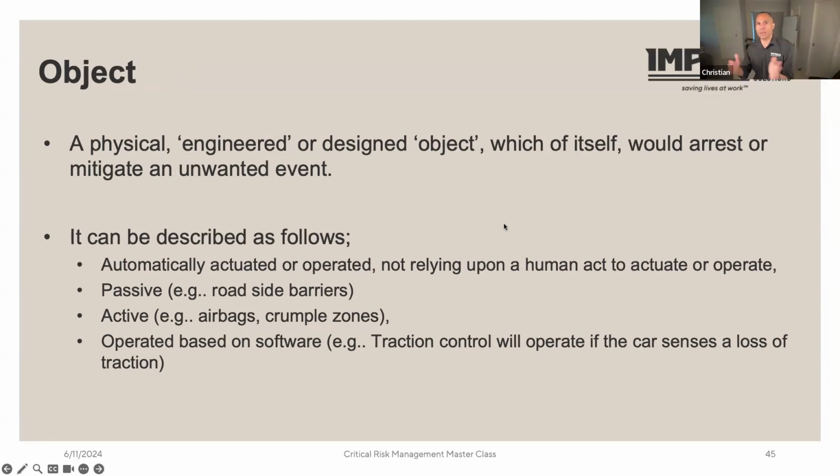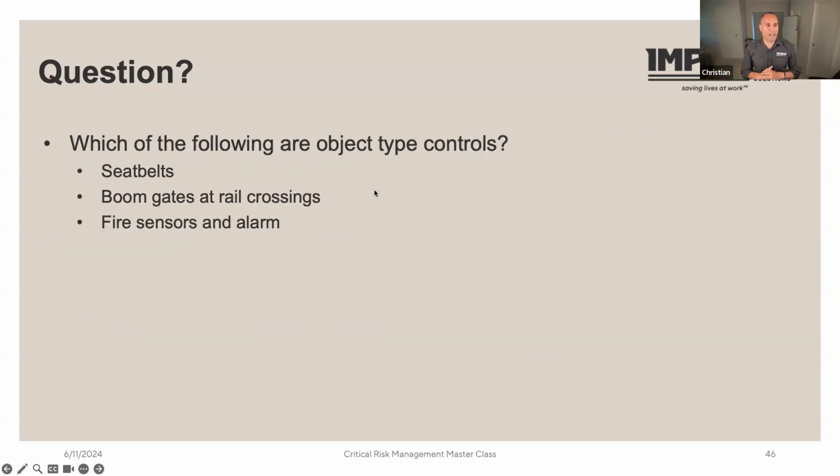So an object is the complete opposite. There's no human involved, it does its thing, like guardrails or sensors or interlocks and all that sort of stuff. So another trick question. Christian, think of the worker following the act, not the paper. Yep, nice. So think about the definition of control. What do people think here?